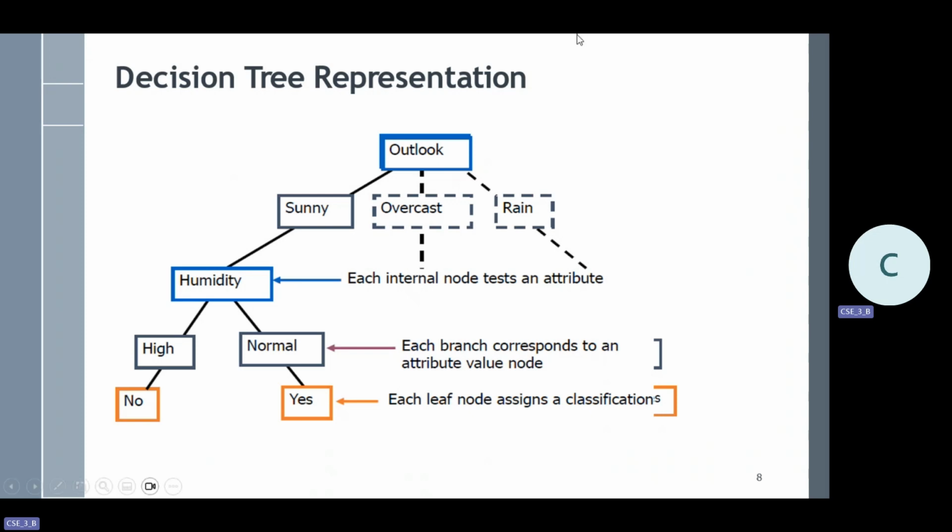We can observe here the left branch. With the node again, humidity, each internal node tests an attribute. Under this, related to its attribute values, that is high and normal, that is the intermediate node, and at the leaf node we can see the classification.